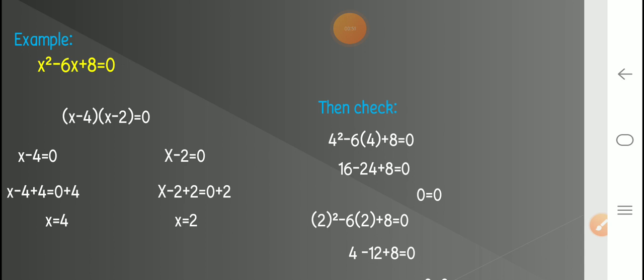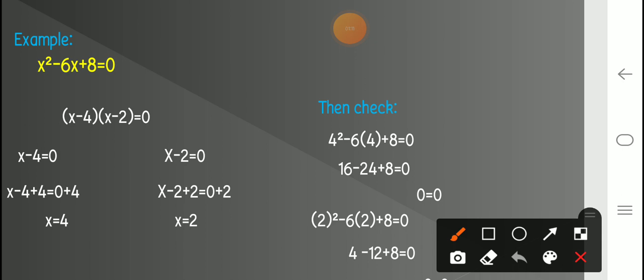Our given is in standard form, so we're going to find the factors of our quadratic trinomial. We look at the constant term and find the factors which, when added, give the coefficient of our linear term, which is -6.